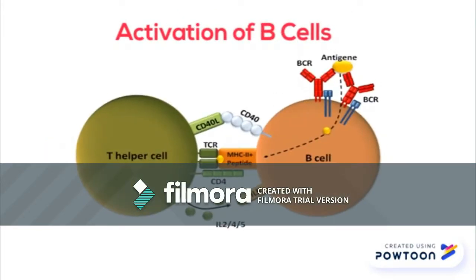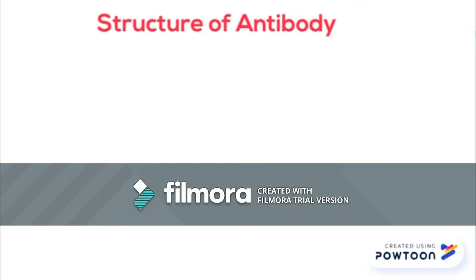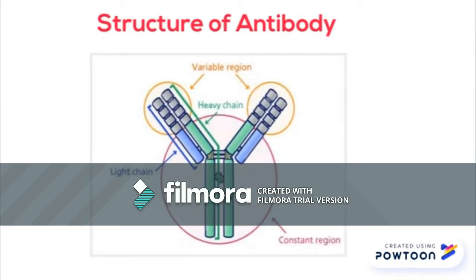B cells are activated by the binding of antigen to the receptor on each cell surface, which causes the cell to divide and proliferate. Some stimulated B cells become plasma cells and secrete antibodies. The arms of the Y make up the Fab regions, also known as variable region, and the stem is the Fc region, also known as constant region.